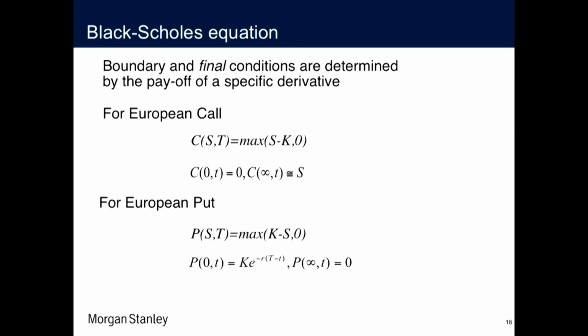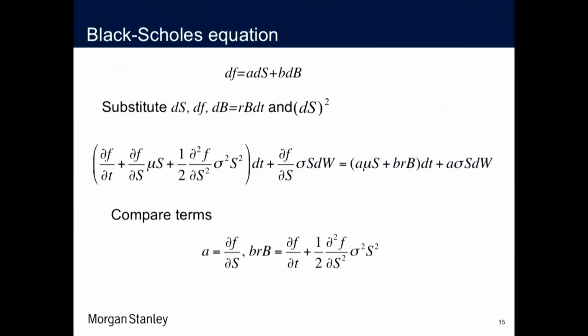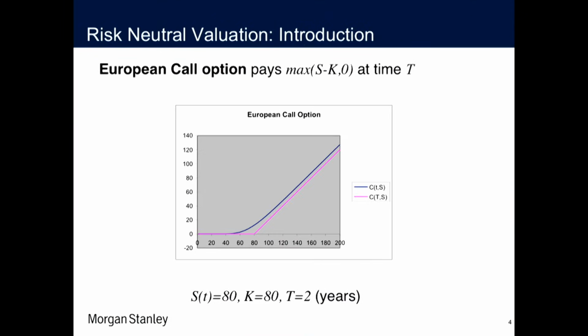And the boundary conditions we discussed, we can observe them graphically. So basically, for a call, as we said, at current time t and boundary 0, the price should be 0. And at infinity, it should be the forward price.